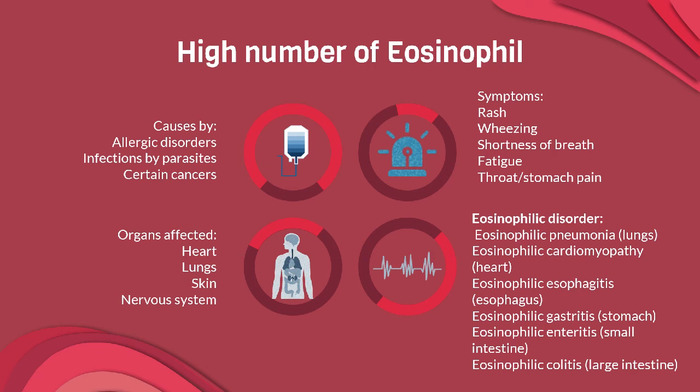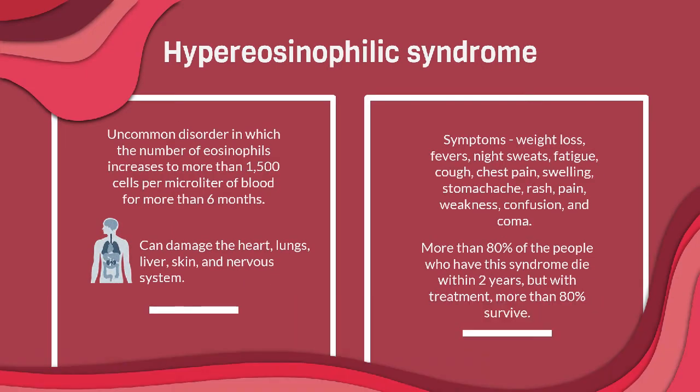Accordingly, eosinophilic disorders are diagnosed according to the location where the levels of eosinophils are elevated. For example, eosinophilic pneumonia, eosinophilic cardiomyopathy, eosinophilic esophagitis, eosinophilic gastritis, eosinophilic enteritis, and eosinophilic colitis.